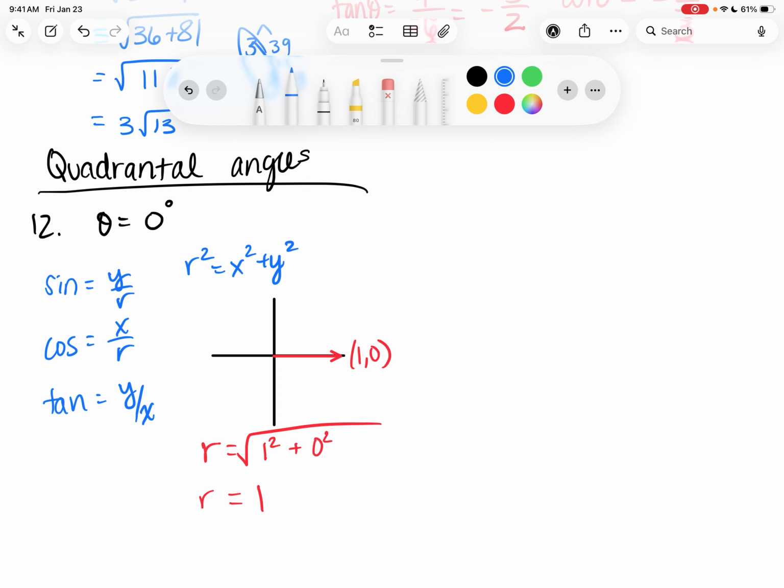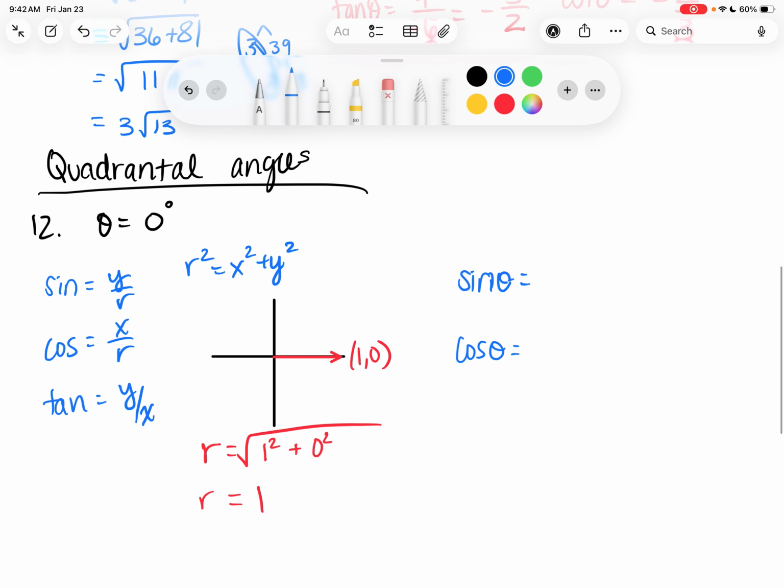So we've got sine, we're going to set all these up. I'm going to go ahead and set up all 6.